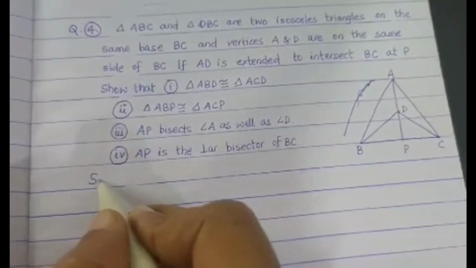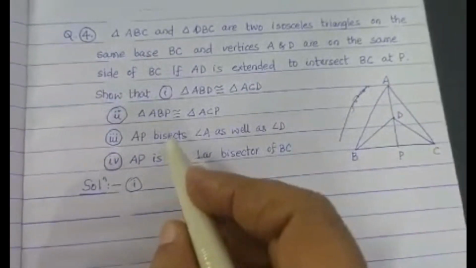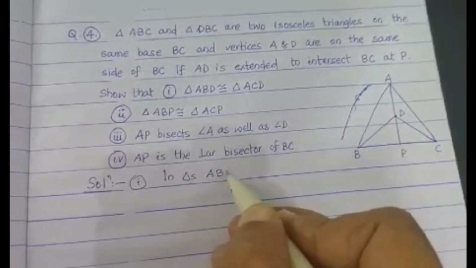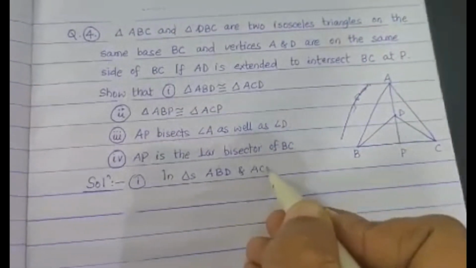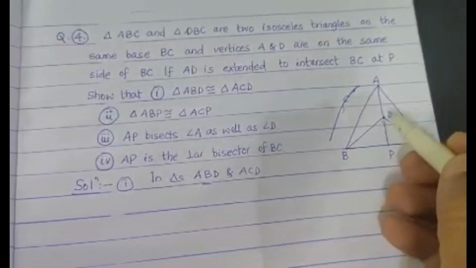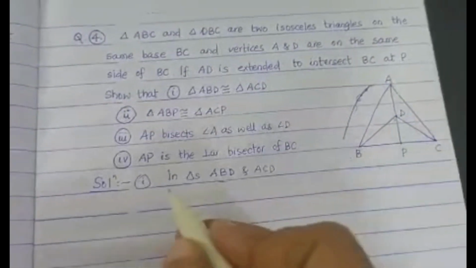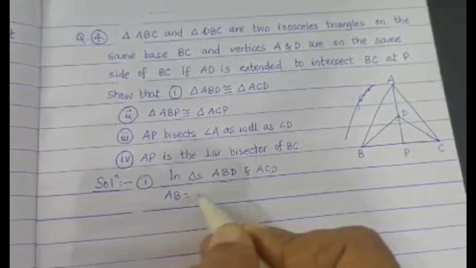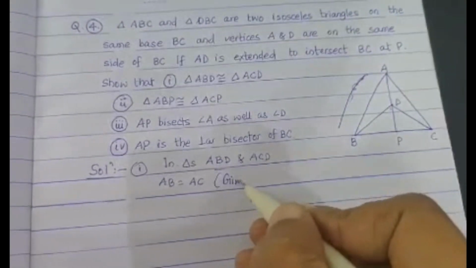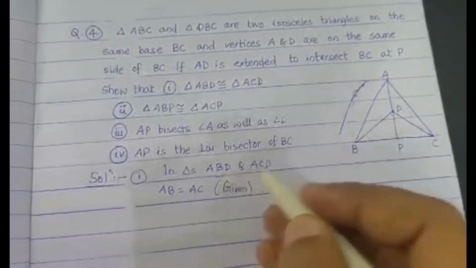Alright, so let's solve one by one. First of all, in triangles ABD and ACD, we can write that AB equal to AC. This is given, as the triangles are isosceles. Second one, AD is common.